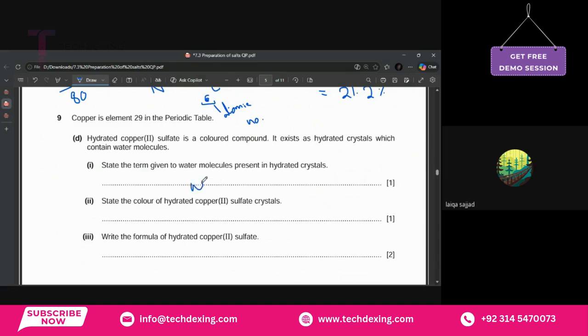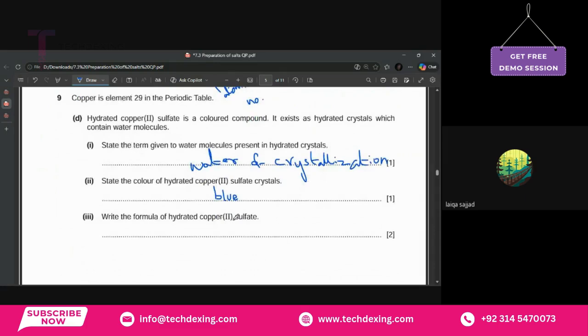You have to state the color of hydrated copper sulfate. Blue. Very good. It's water of crystallization. And write the formula of the hydrated copper sulfate.